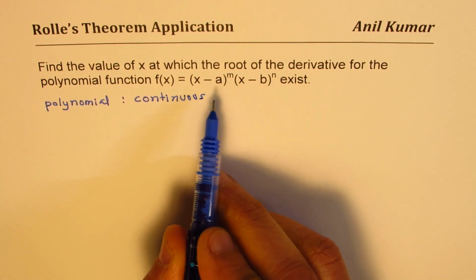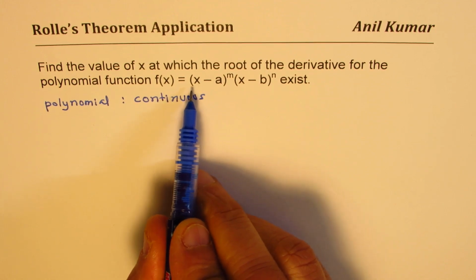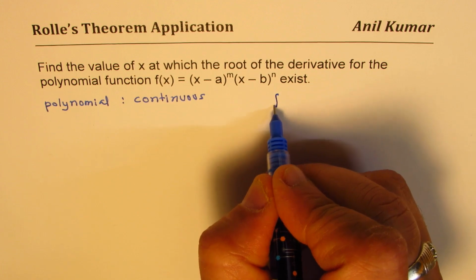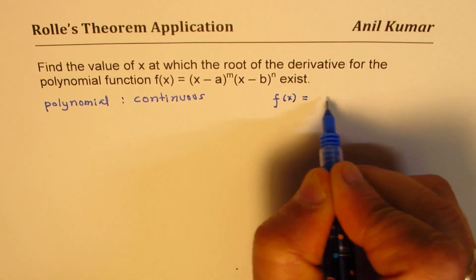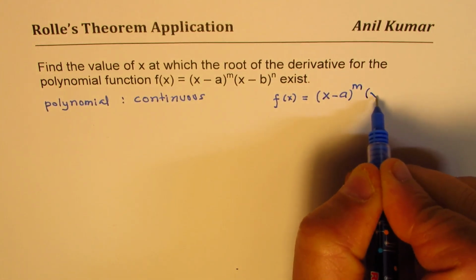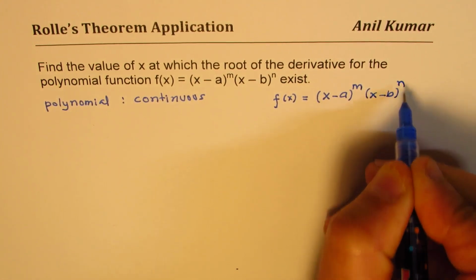Right? Now, we are given the equation as x minus a to the power of m times x minus b to the power of n. So let me call this function f of x.